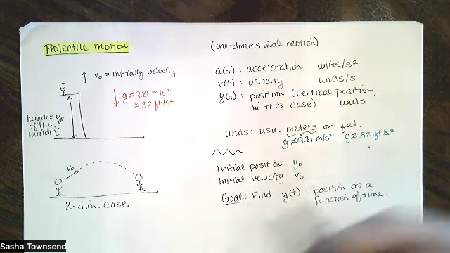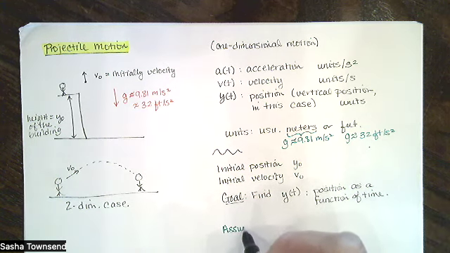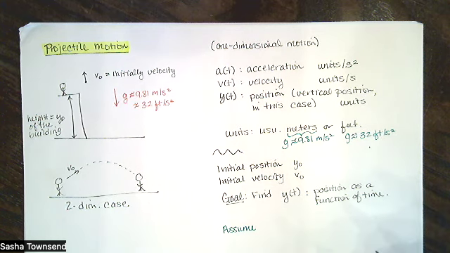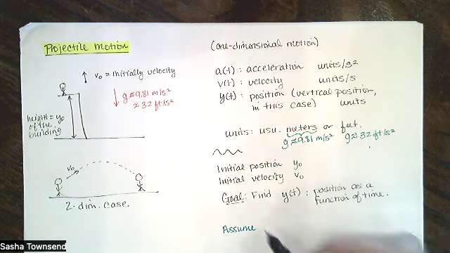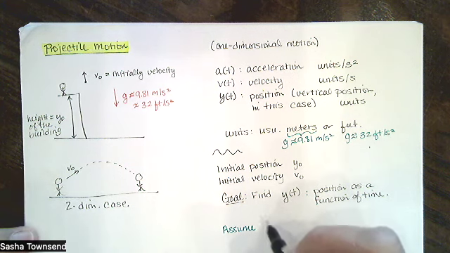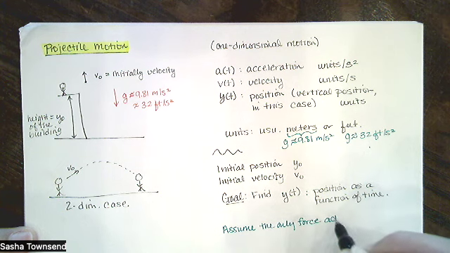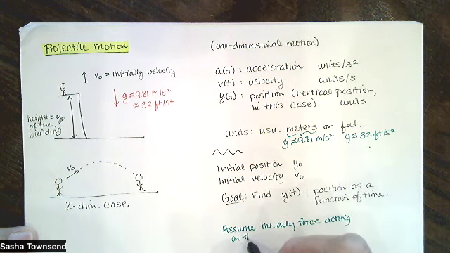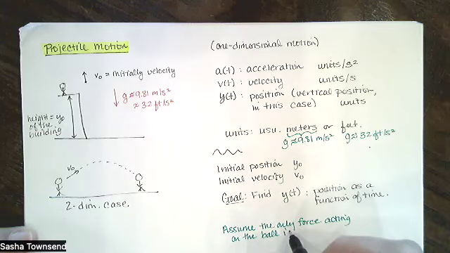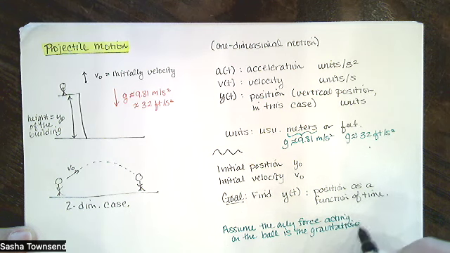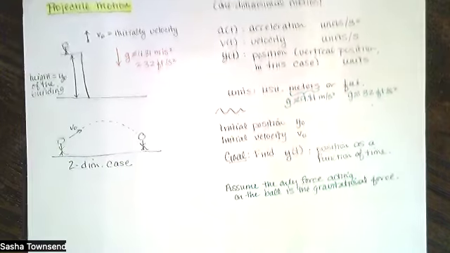We assume that the only force acting on the ball is the acceleration due to gravity. And we say, okay, how do we find y of t?